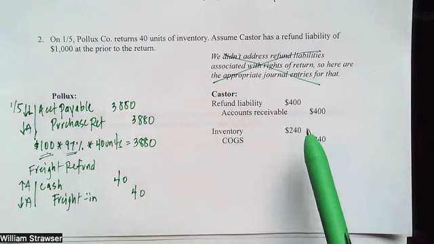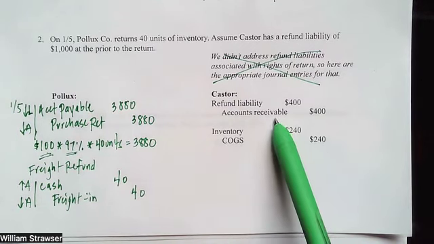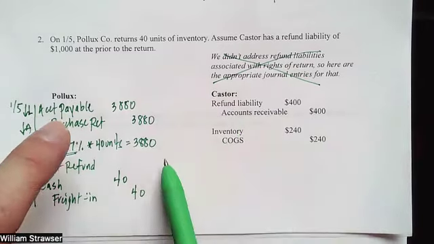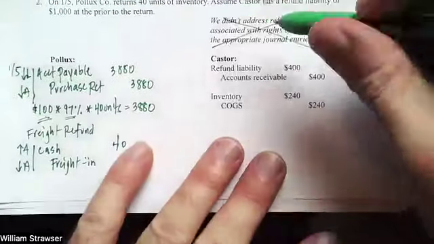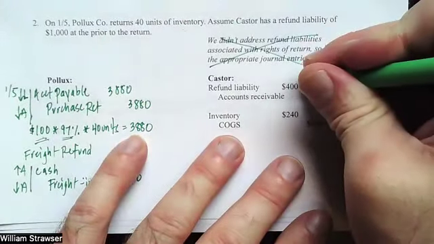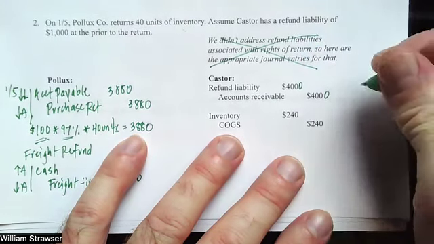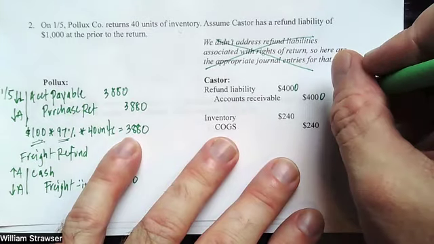Now, on the seller side, they're getting a return. So we reduced our payable with these people, and they need to reduce how much they expect us to pay them. Now, in this case, we have 40 units of inventory. This is the inappropriate price. It should be $4,000 because how did Caster value each sale?